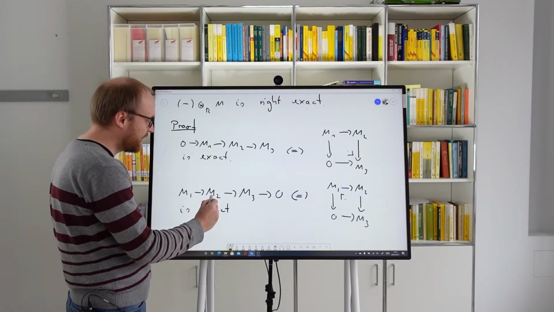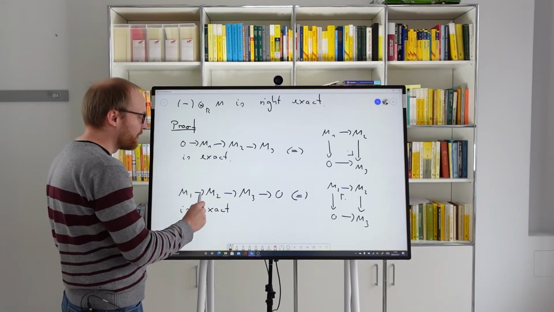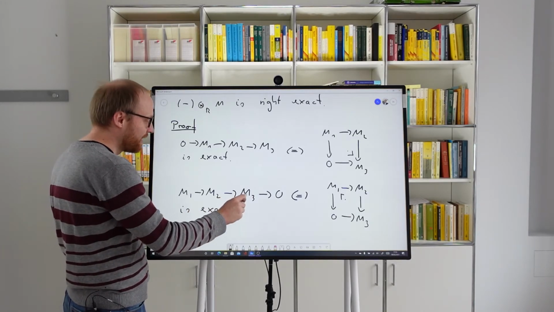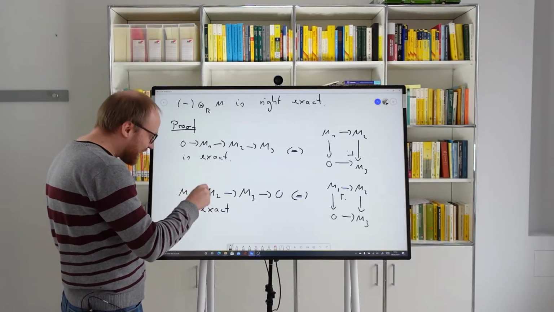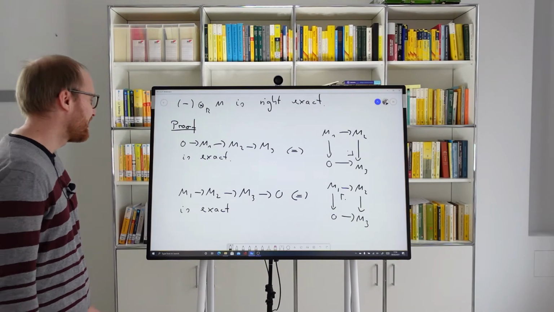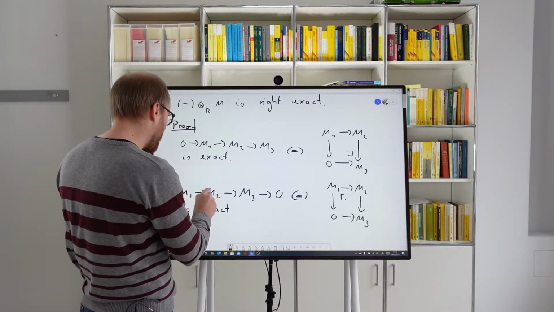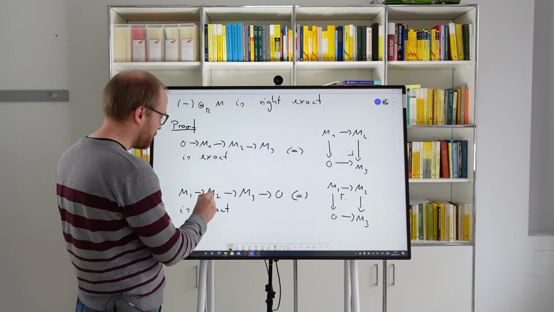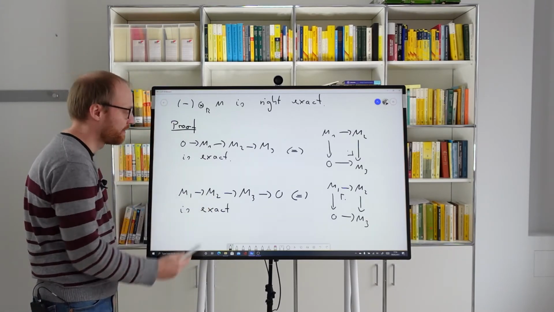But by exactness here, the kernel of this homomorphism is the image of this homomorphism. In other words, M3 is M2 modulo the image of this one, and that's precisely the co-kernel of this map here.